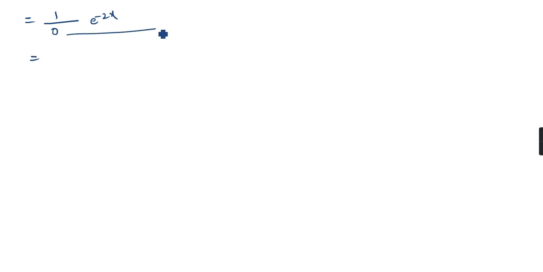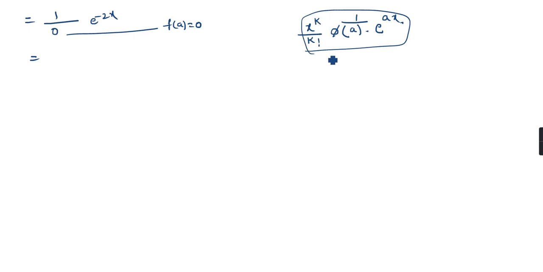So here f of a gets 0. So you have to write it in the form x power k by k factorial into 1 by phi of a, into e power ax. Okay, this one you have to write.